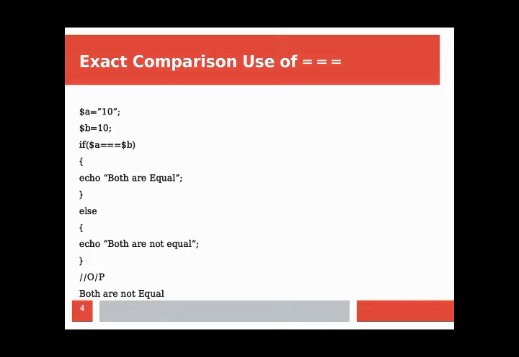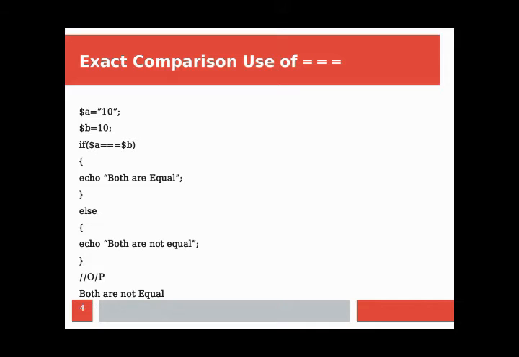Then the next statement if, here we use triple equal to: if ($A === $B), then left curly bracket, that is the beginning of this if, echo "both are equal";. Again here the else part of this program, echo "both are not equal".